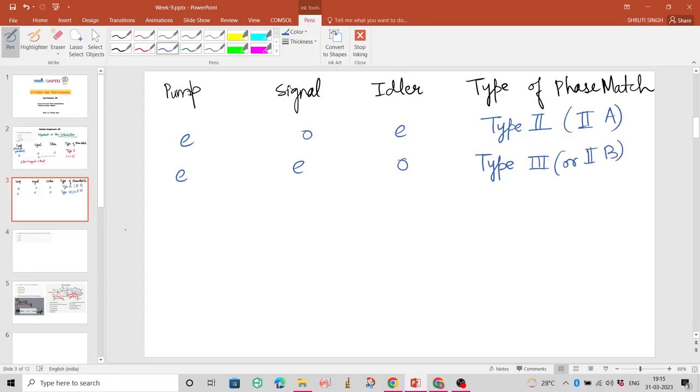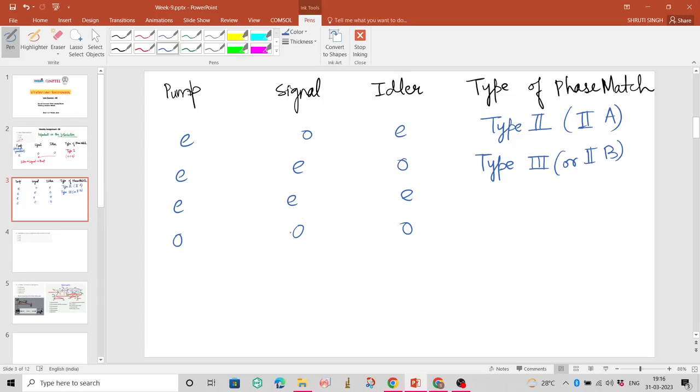The next one can be all three the same, E, E, E, or all three as O, O, O, all 0 degree polarized. And this one can be all 90 degree polarized. Last time I told you that signal and idler will be perpendicularly polarized, and signal and pump will be perpendicularly polarized.